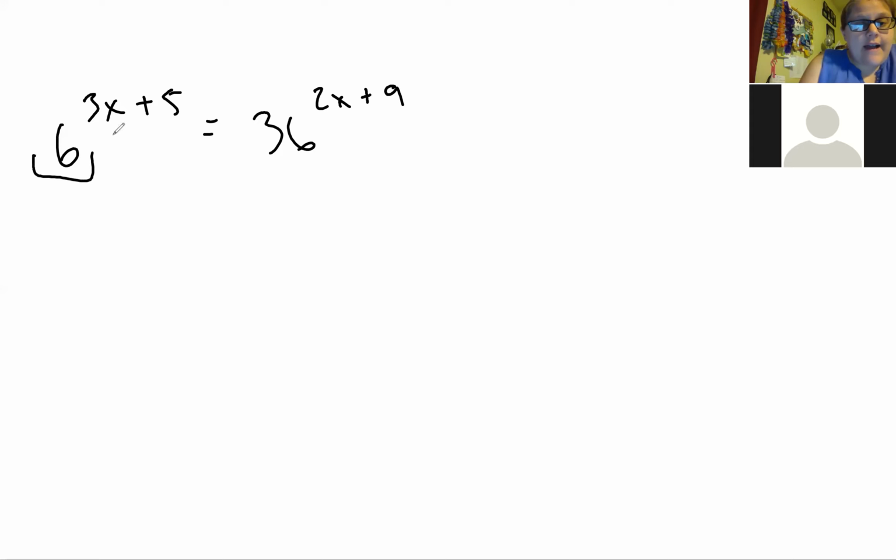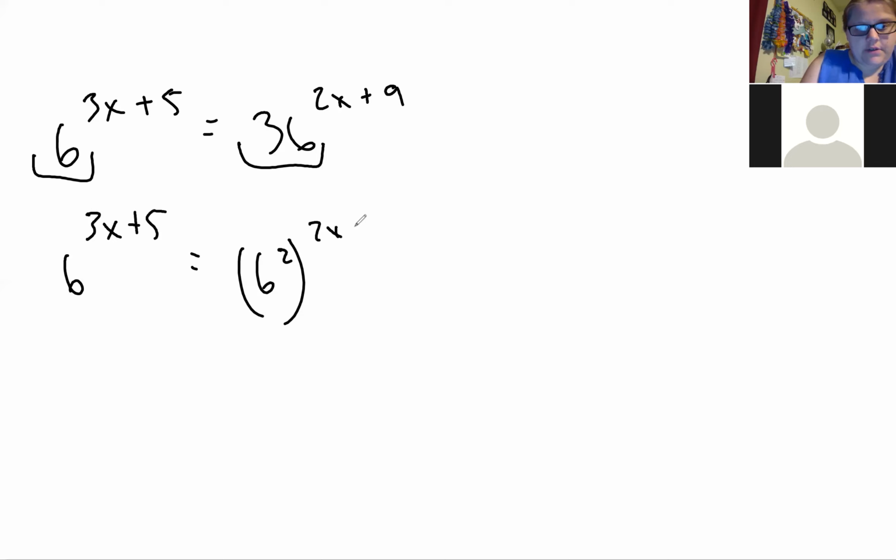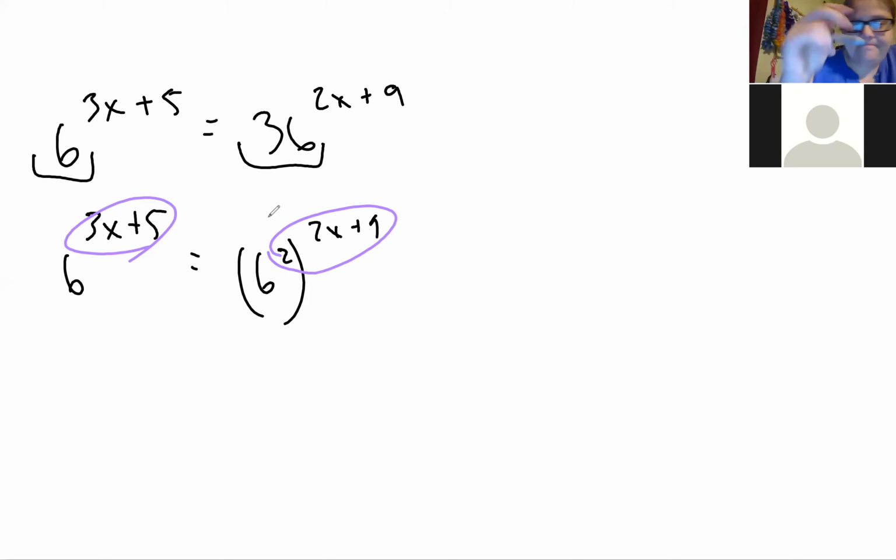These bases, while they're not the exact same number, could we easily turn them into the same number? Yeah, so like that 36 could be 6 squared. Exactly, 6 squared. So this is going to stay 6 to the 3x plus 5. This is going to turn into 6 squared to the 2x plus 9. And then this is just, hey, look, I'm ready to roll. No log needed.